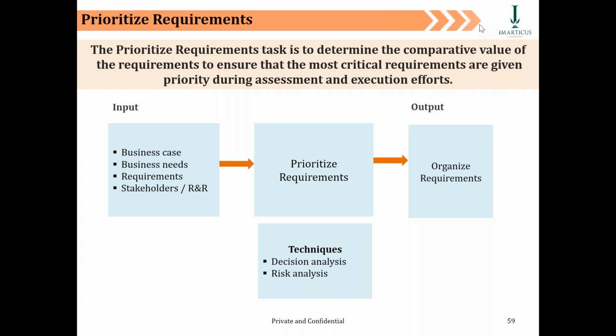Now, somebody might ask me that this means we are sitting on excess requirements, which is truly the case. You sat with order to cash SMEs, business intelligence SMEs, financial SMEs. They all gave you requirements.